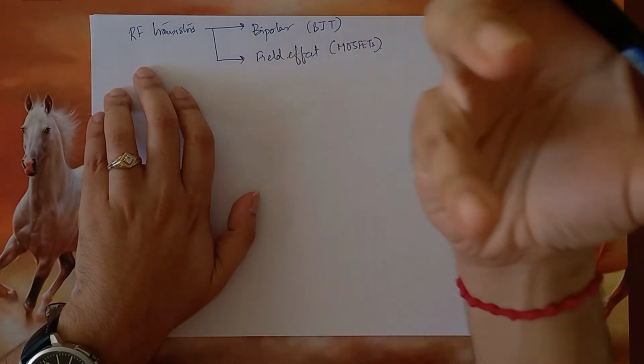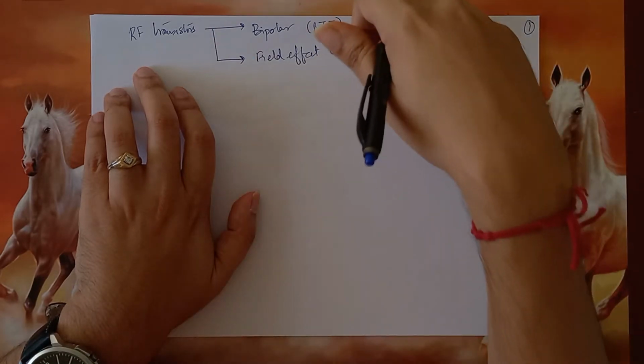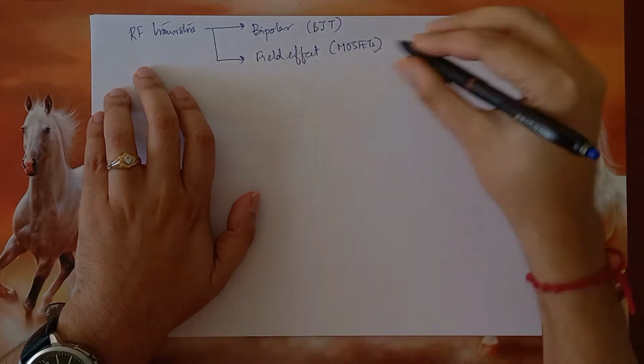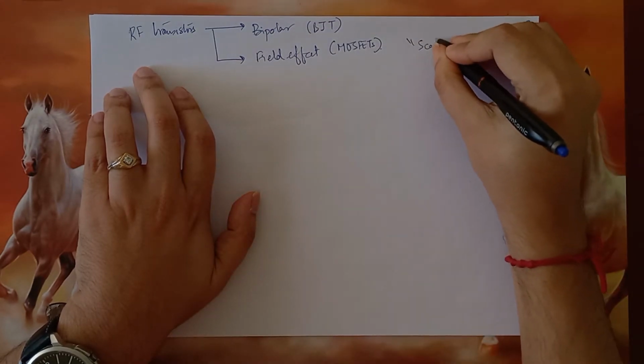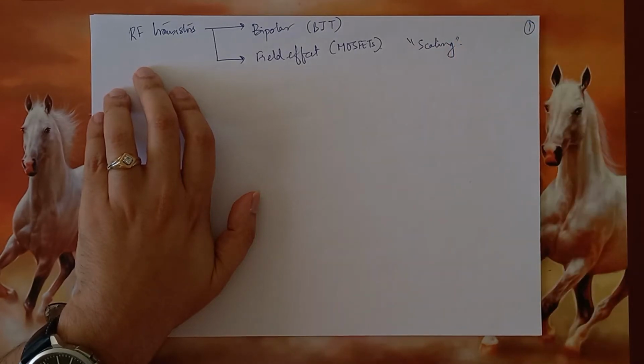And if you keep reducing their size, those parasitics also start reducing, and therefore the bandwidth improves. Now that process of reducing the size is called as scaling.